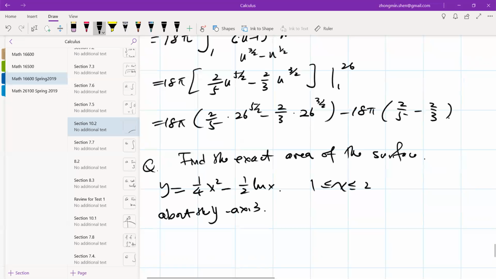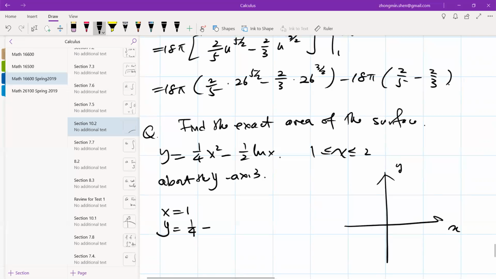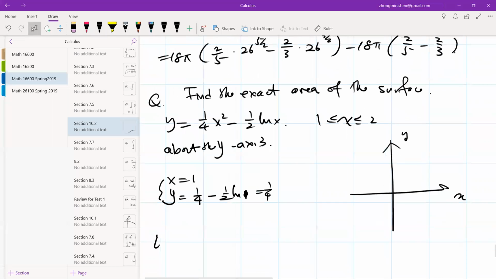It's harder to draw the graph, but you have to draw the starting point and end point, right? X-axis, y-axis. So when x equals 1, what is the y value? Y value is a quarter minus 0, because the natural log of 1 is 0. There are still some students who don't know that value. Natural log 1 is 0. So it's a quarter. And the ending point is when x equals 2.